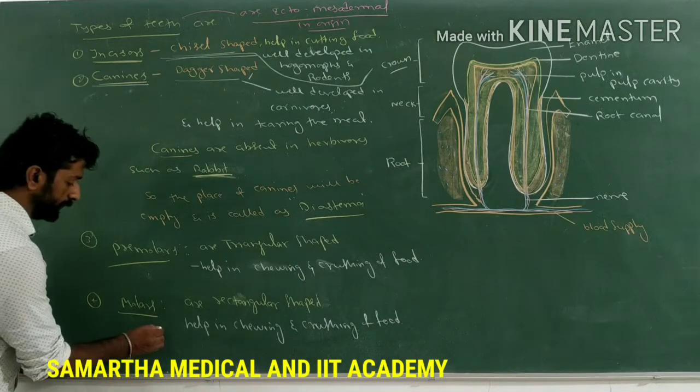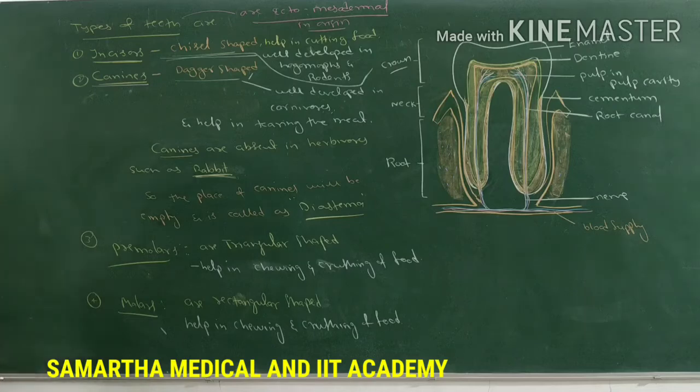And these molars, as they appear at the age of 21, are called wisdom teeth.